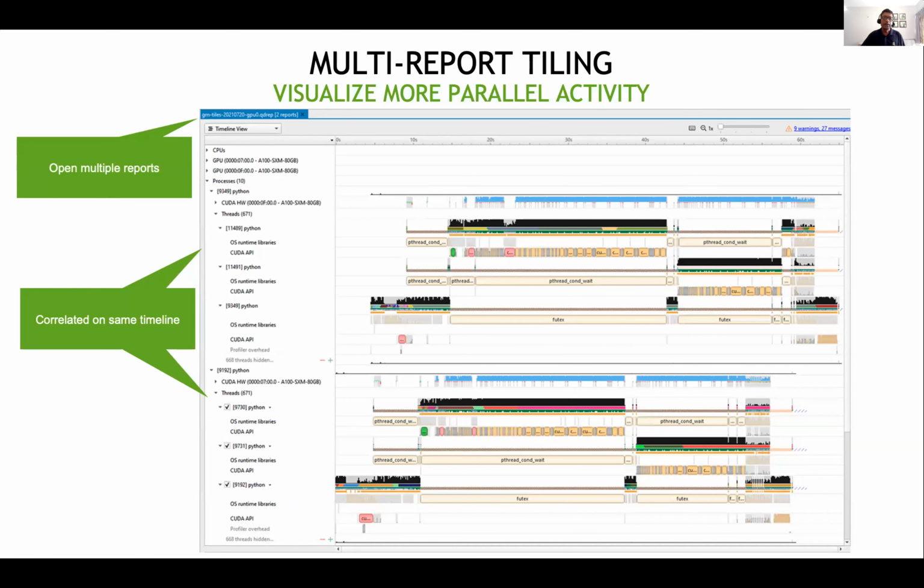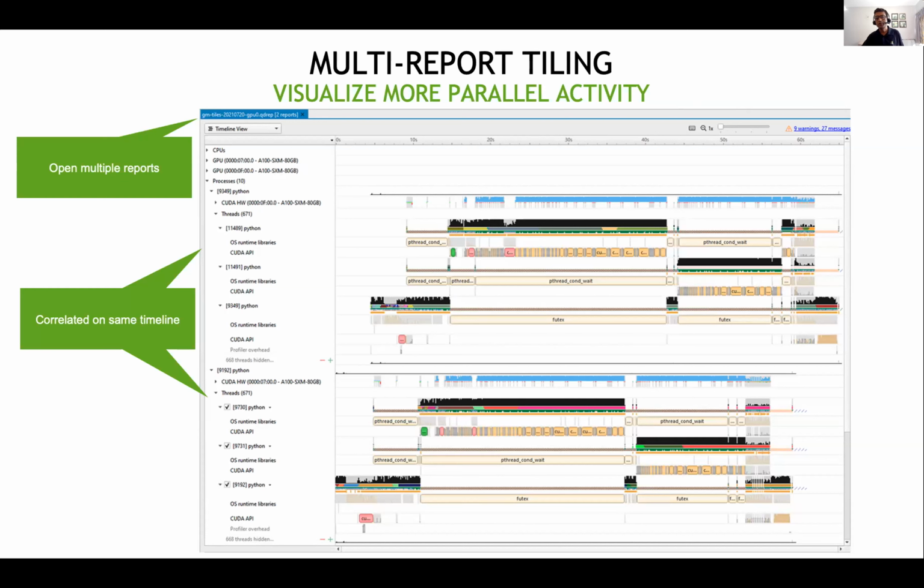Yeah, one useful feature, which will be important on clusters, we talked about running on multiple nodes, and you could tile together multiple reports. So here we see two reports which are loaded together, and it would allow you to analyze them correlated on the same timeline.